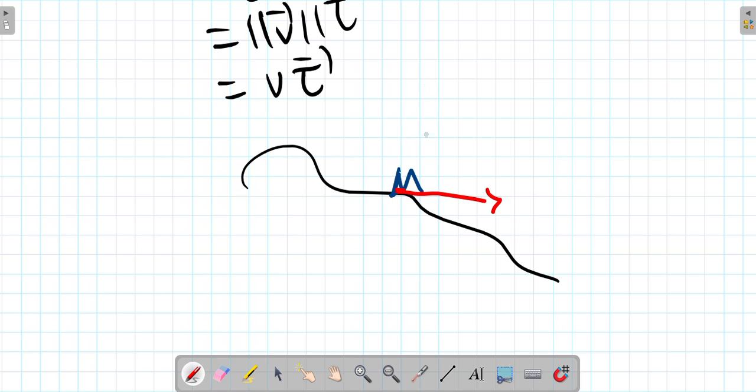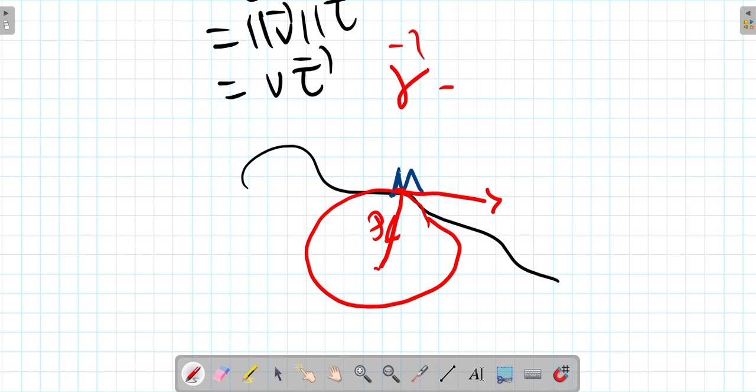Now, the vector acceleration won't just be tangent, we'll have two components: one which is tangent, the other one which is towards the center of a circle of radius rho, which is the normal vector. So acceleration will have two components: the tangential acceleration, and the normal acceleration, which is perpendicular. C'est bon?